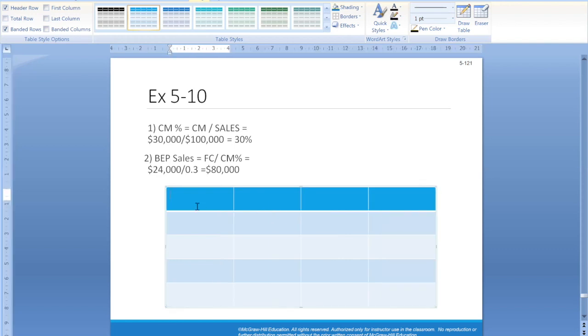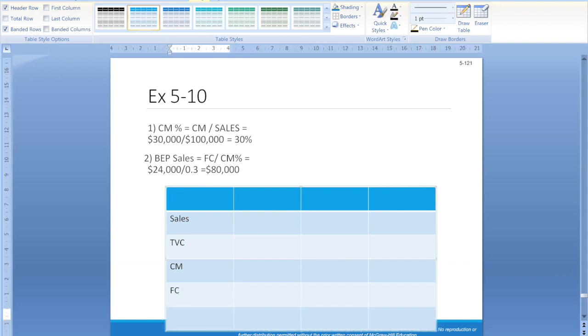So this is sales, total variable cost, contribution margin or total contribution margin, fixed expenses, and net operating income.